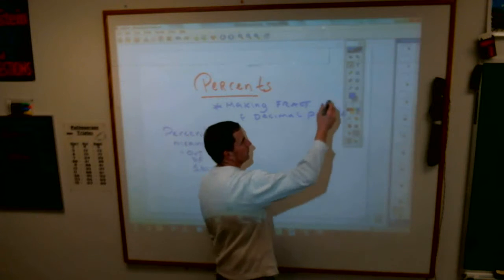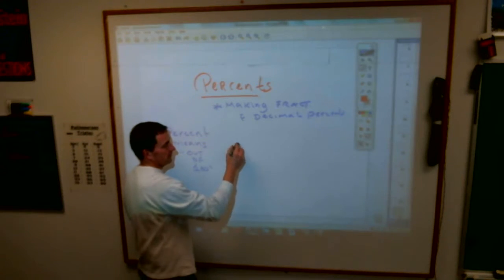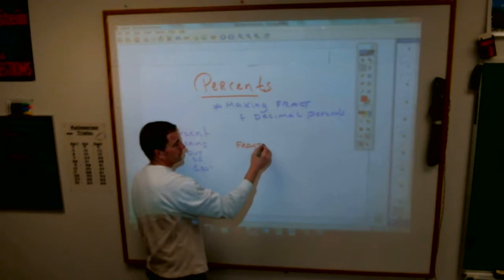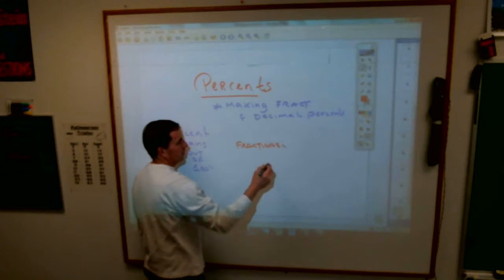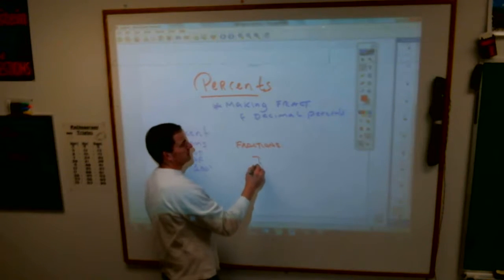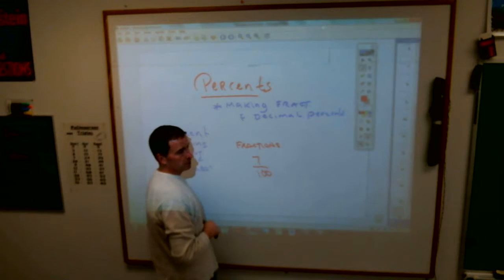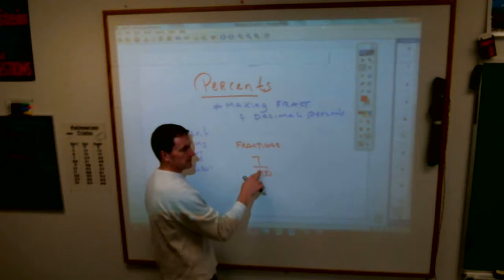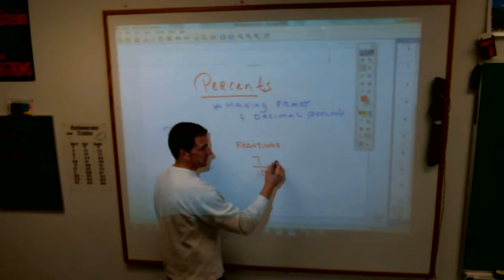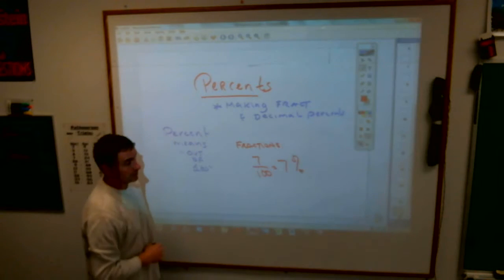Okay, so here's the gist with fractions. If you're doing fractions, you could only hope that your fraction is already over 100. For example, 7 over 100. That's a beautiful thing in your world because that is 7 out of 100, which means its percent is 7%, because that's what percent means, out of 100.